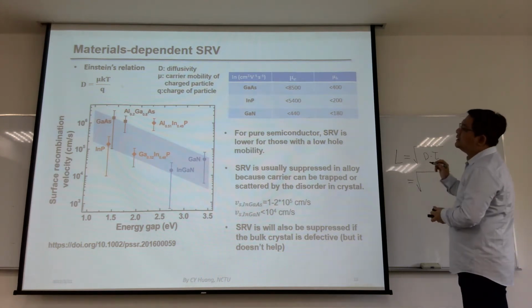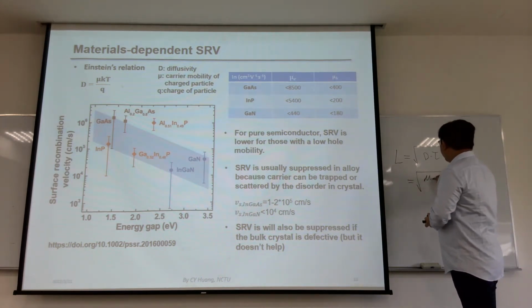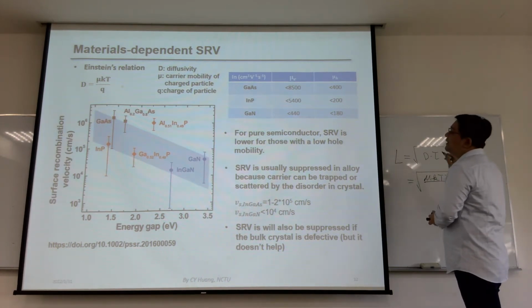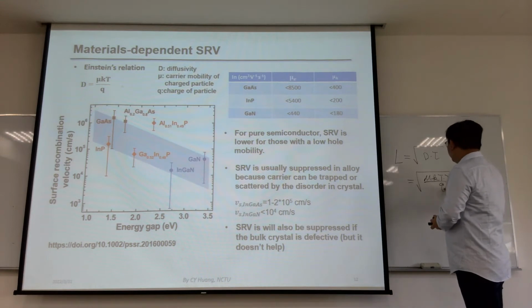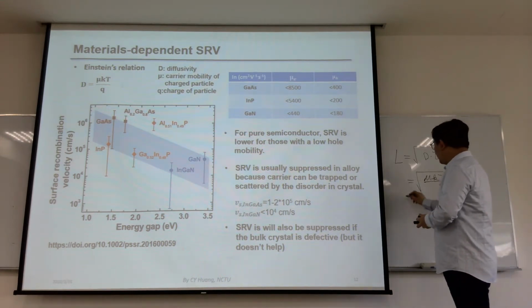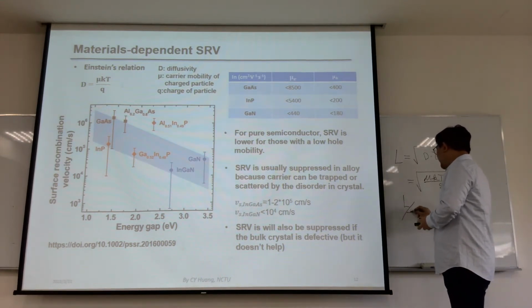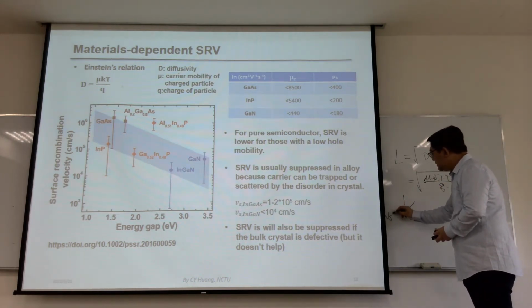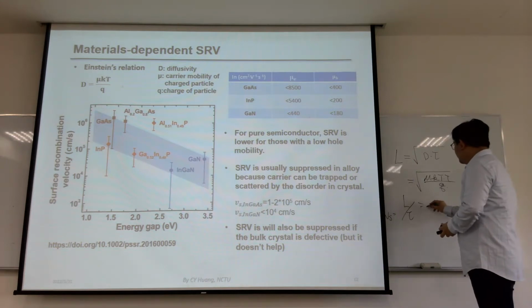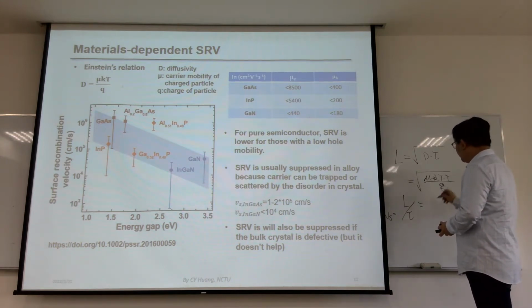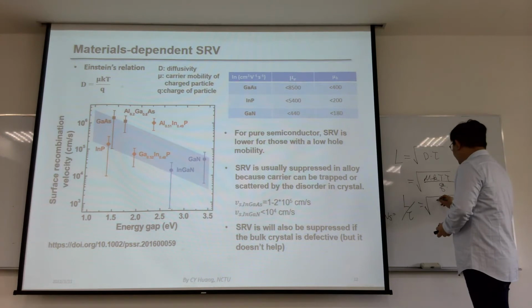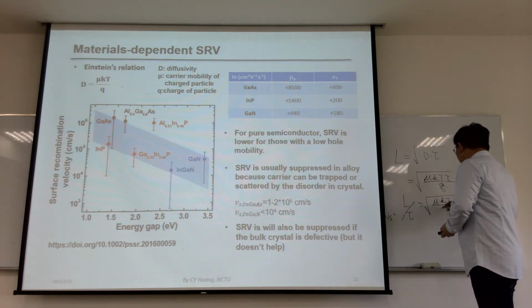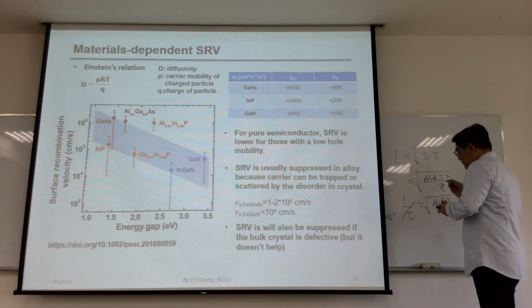So the velocity, L over tau, where tau is the original one here, should be something like the square root of mu kT over q tau.